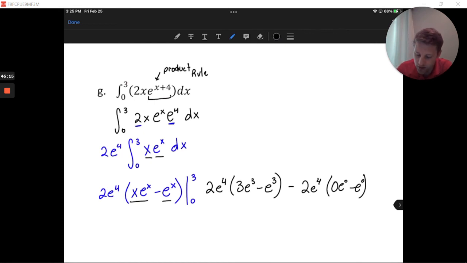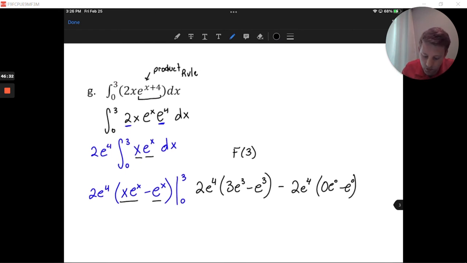So the first evaluation, again, at 3, this would be like our capital F of 3, that function evaluated at 3. So we get 3e raised to the third minus e raised to the third again. And then for the second component, subtracting capital F of 0 would give us 0 times e to the 0 minus e to the 0.